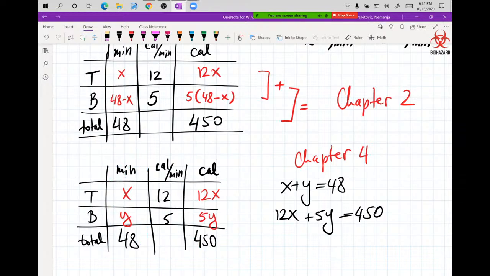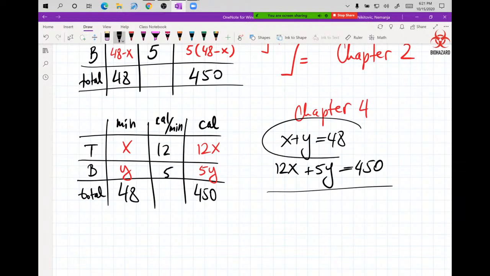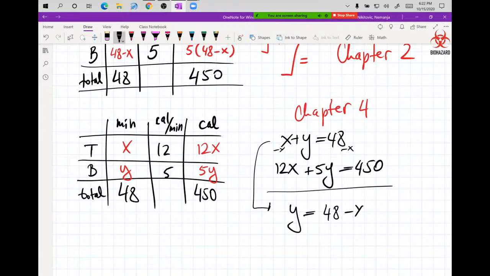Now we just need to use the steps we learned in class, where you pick a single x or a single y and you solve for it. So from the first equation over here, when you subtract x on both sides, y is equal to 48 minus x.